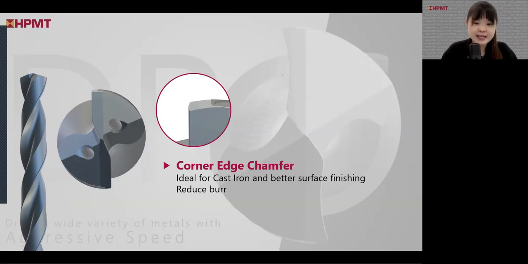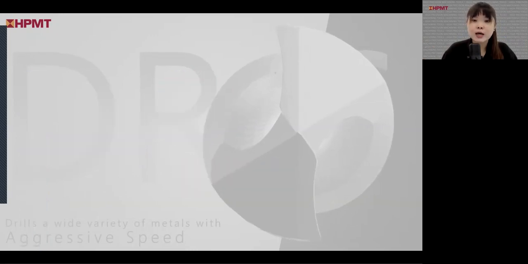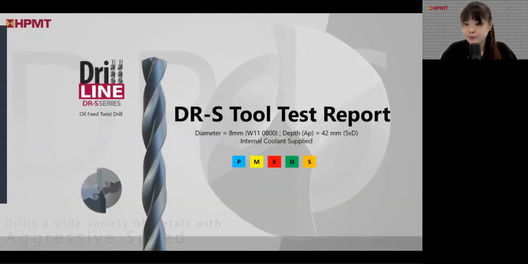So the next session will be the part that you guys will be very interested in, in which we would like to showcase our tool test reports. Under this tool test report showcasing session, we will show you 3 internal tool test reports that we have conducted in our internal machining center.